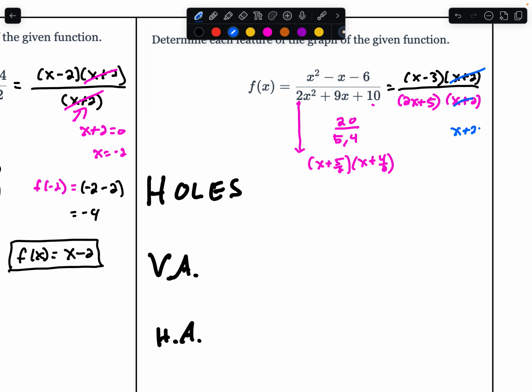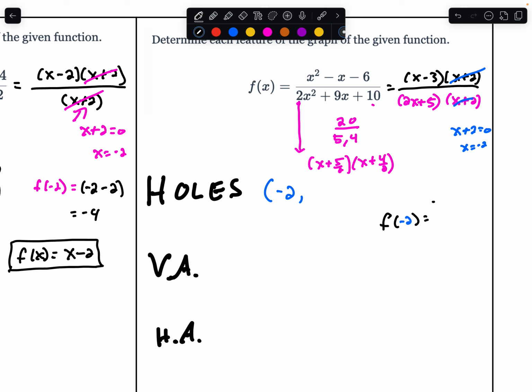So where does that hole exist? Our hole exists at -2. So I've got -2 comma something, right? Now remember, our functions change once we simplify it. So the function that we're looking at really here is, I'm going to plug in -2 into the simplified function.